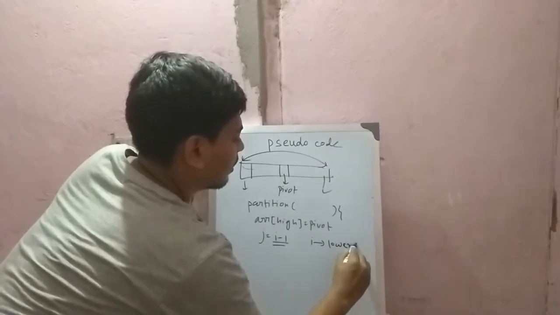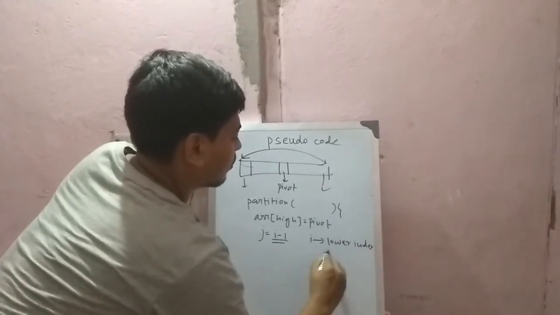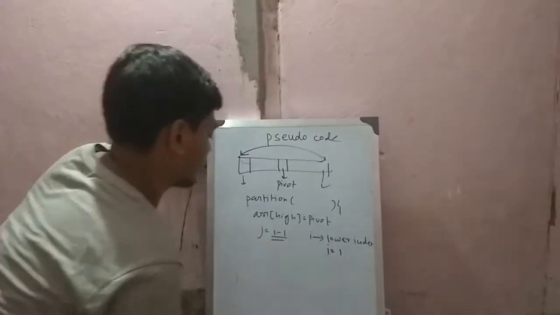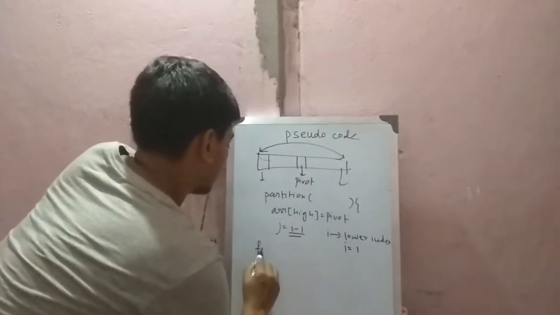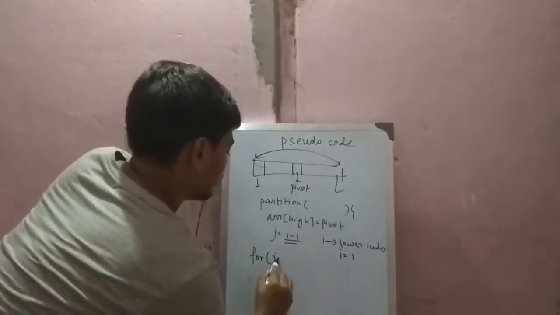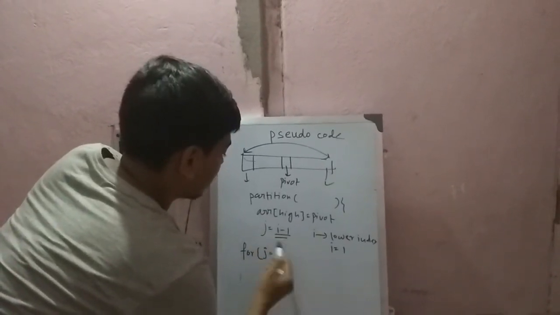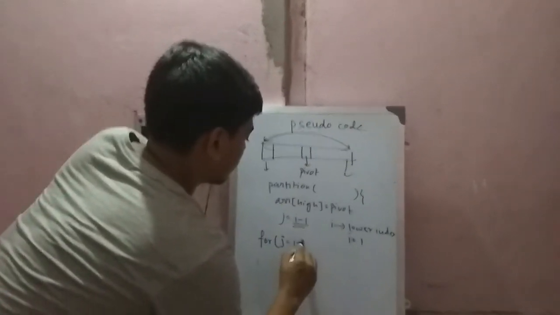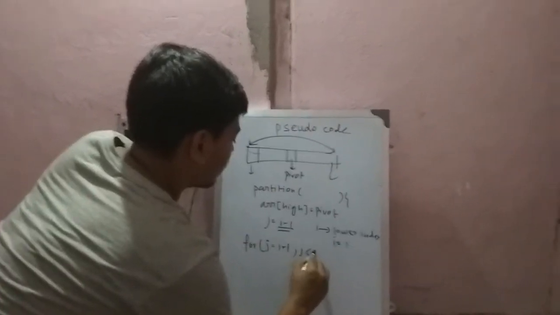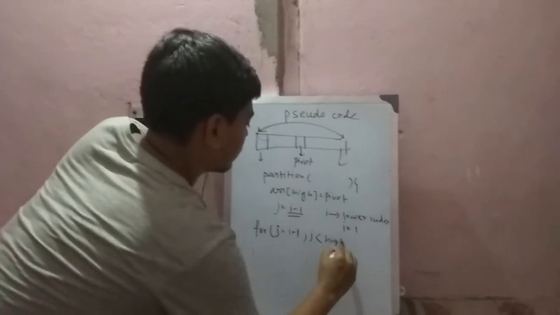Then iterate j from low, while j is less than high, j plus plus.